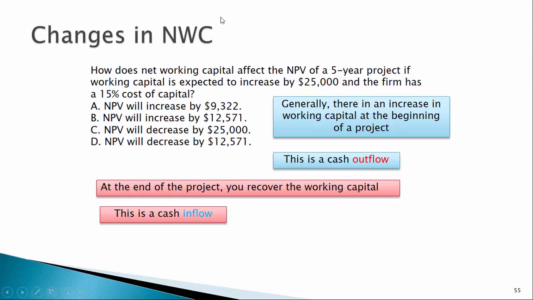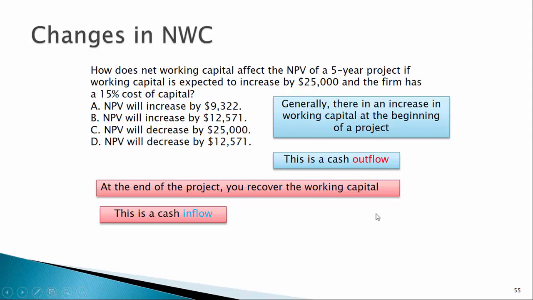Okay, so let me back up a slide here. It says, how does net working capital affect the net present value of a 5-year project if working capital is expected to increase by 25% and the firm has a 15% cost of capital? Right now, all it told you was that net working capital was going to increase by 25%. It doesn't say it, but it's implied at the beginning. And so what you know is that we're going to need this $25,000 increase in net working capital at the beginning.